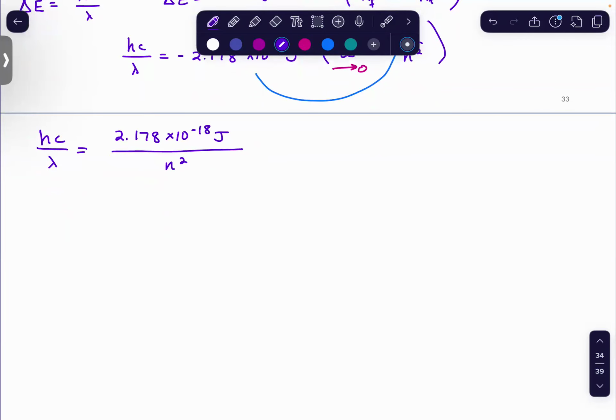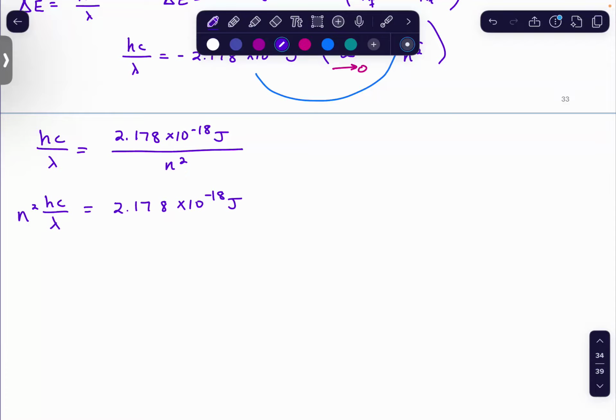And now we need to solve for n. n squared equals hc over lambda divided by 2.178 times 10 to the negative 18th joules.